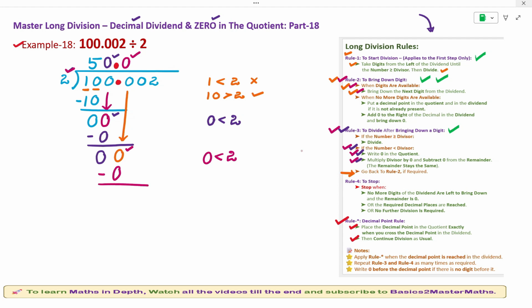So, you will get 0 as the remainder again. Now, rule 3 is complete for the second time.